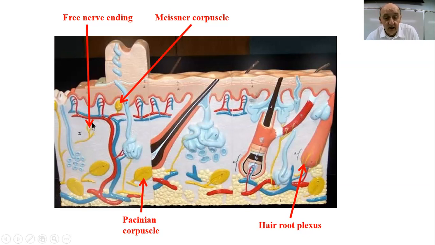Again, this other free nerve ending, we don't know what this is. We don't know what stimulus this detects. When you look at that free nerve ending and you look into this table, you'll see that several receptors have this free nerve ending. So this one on the skin model could be detecting cold or warm. This could be a nociceptor or pain receptor. So there are a number of possibilities.